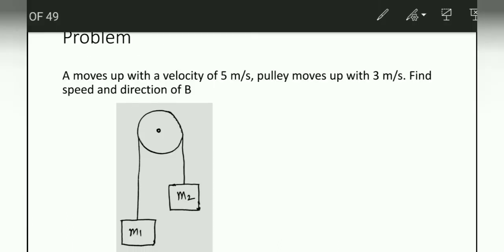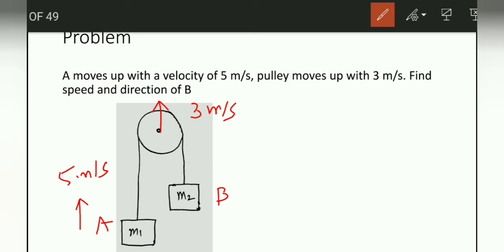Okay, we have a problem. This is, say, A, this is B, and this is the pulley. The pulley moves up with 3 meters per second, and A moves up with 5 meters per second.